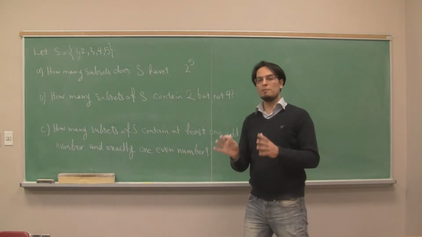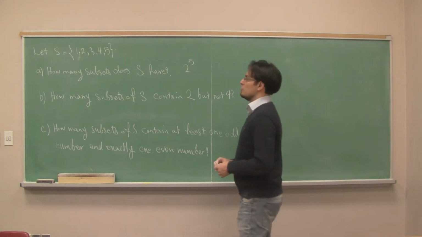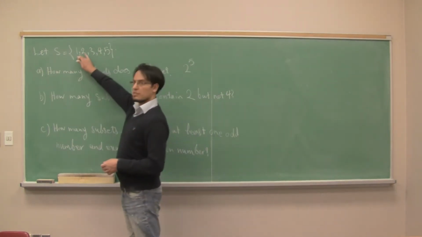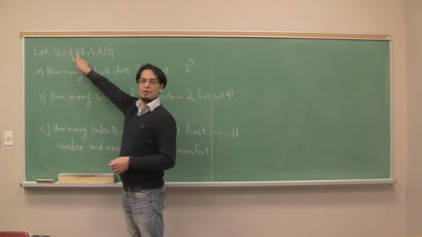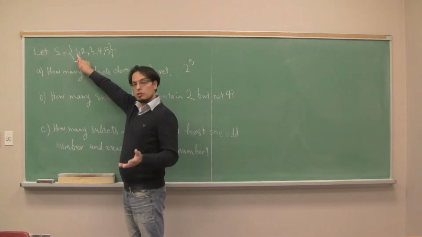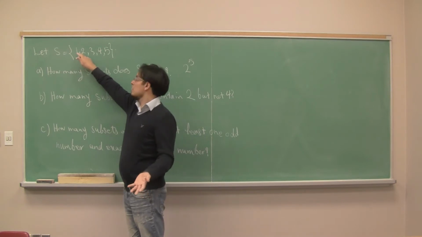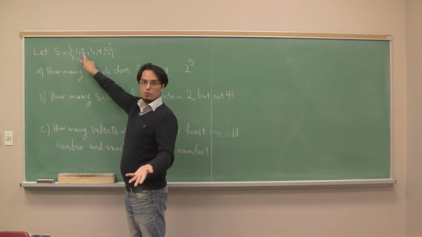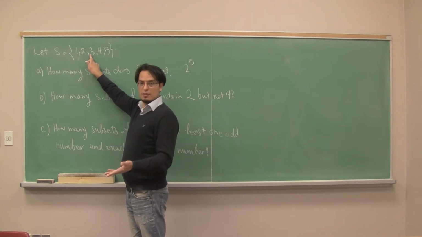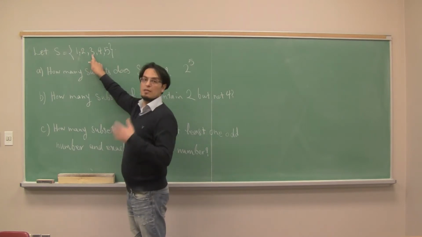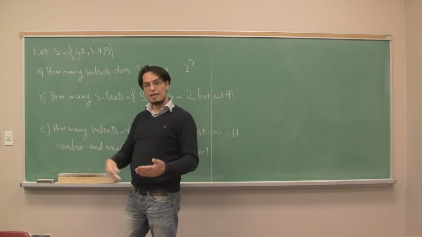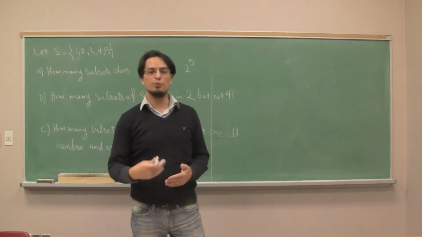To form each subset, you ask yourself if you're including this element, 1, is it included or not? 2, is it included or not? 3, is it included or not? So for each element, you have 2 options.